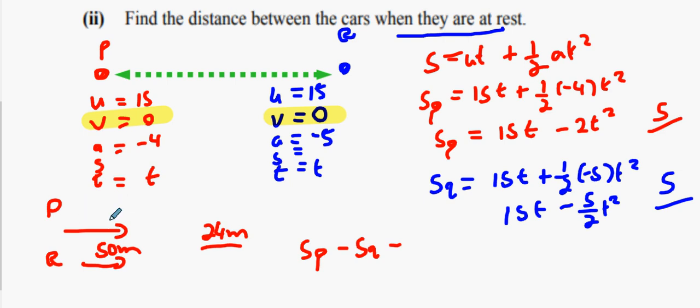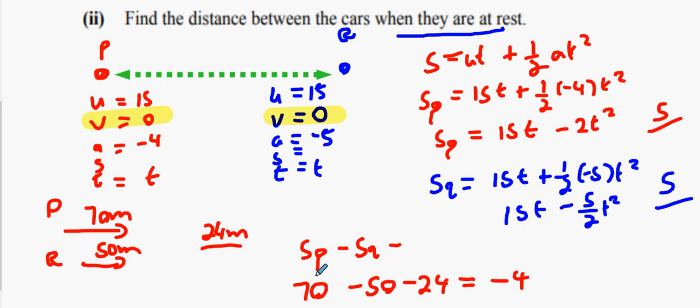Let's try what happens if you had 70 meters. Would this work? 70 take away 50 take away... That'd give us a minus answer, wouldn't it? So is there another way we could do it that would give us a positive answer when P is behind Q? It should be positive when P is behind Q, and negative when Q is behind P. Does everybody get that?